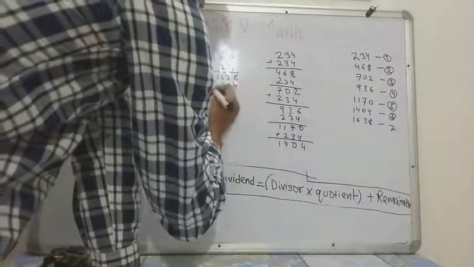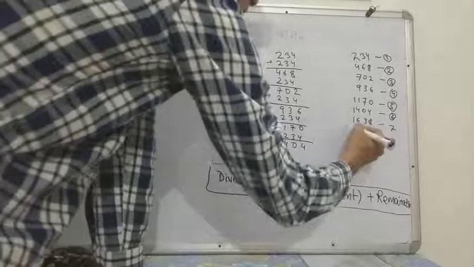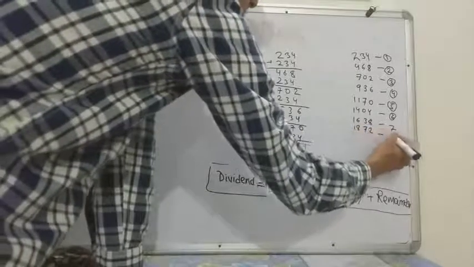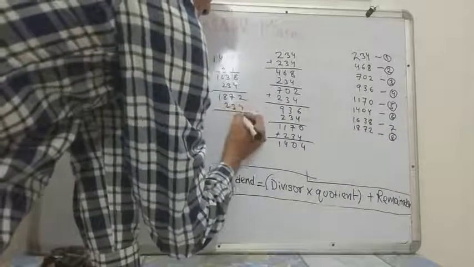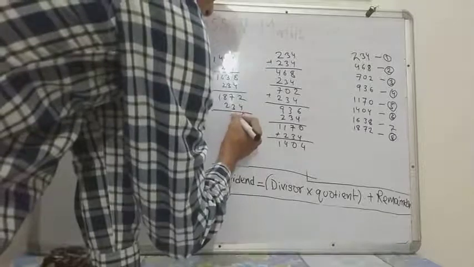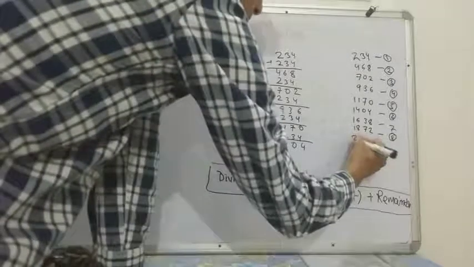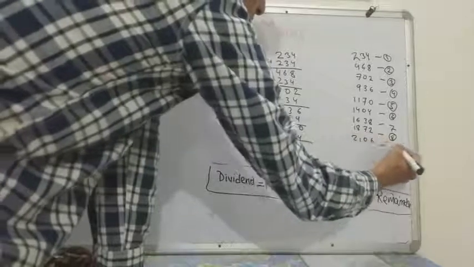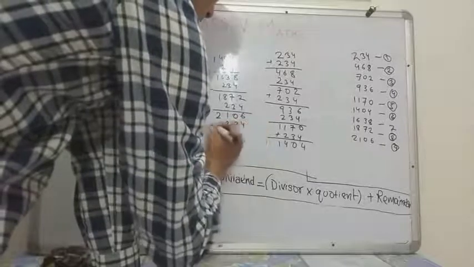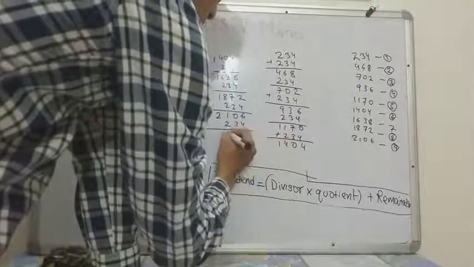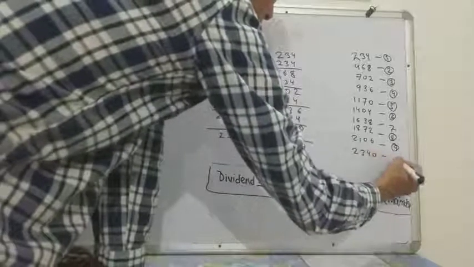Again we add 234, we got 1872, a multiple of 8. Add 234, we got 2106, here we got the multiple of 9. Again 234, we got 2340, and this is the multiple of 10 times.